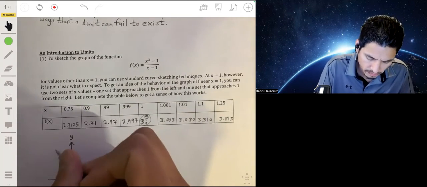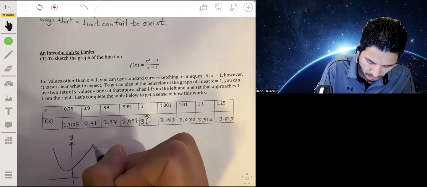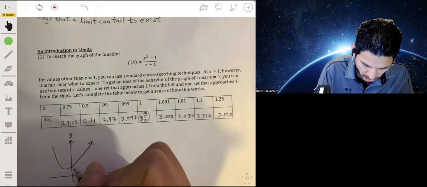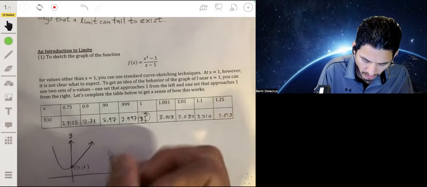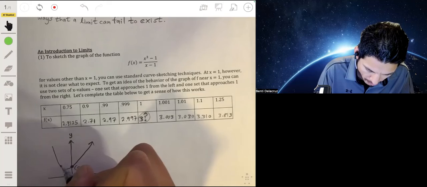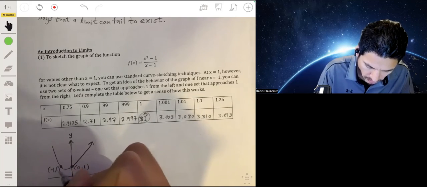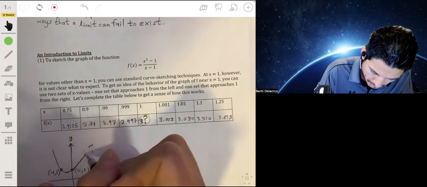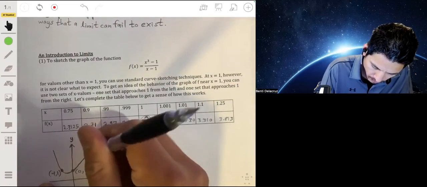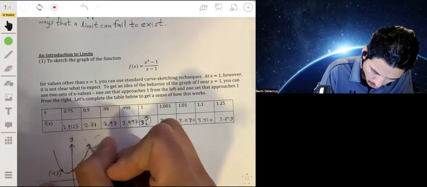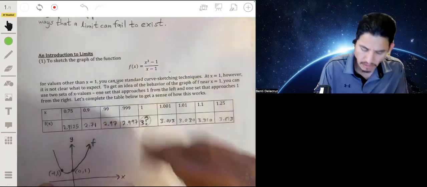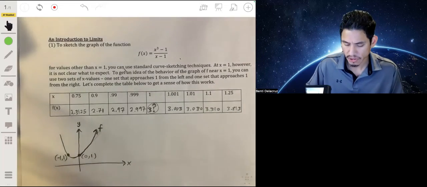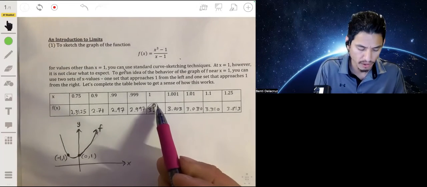That parabola is going to look something like this. It's a little crooked, but it's going to have a y-intercept at 0, 1, and pass through 1, 3 and negative 1, 1. Let me draw this a little. Now, what's going on when x is 1?